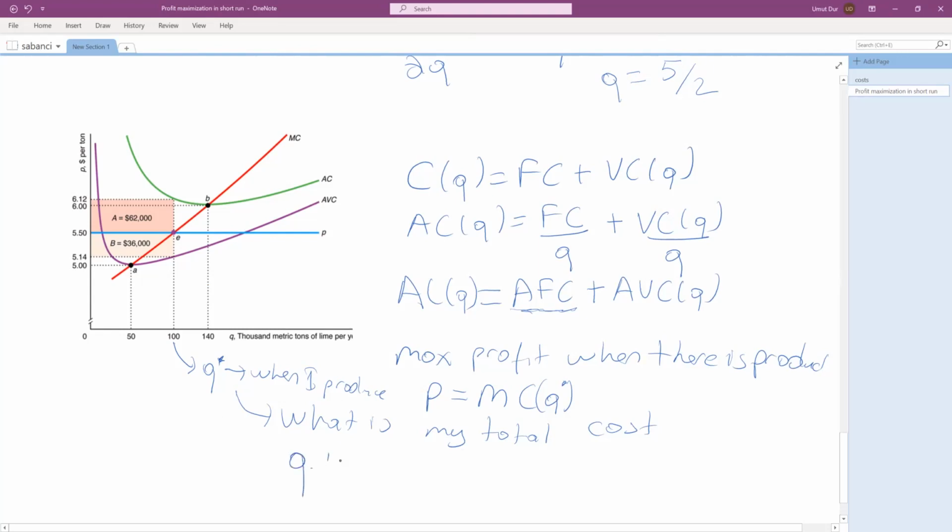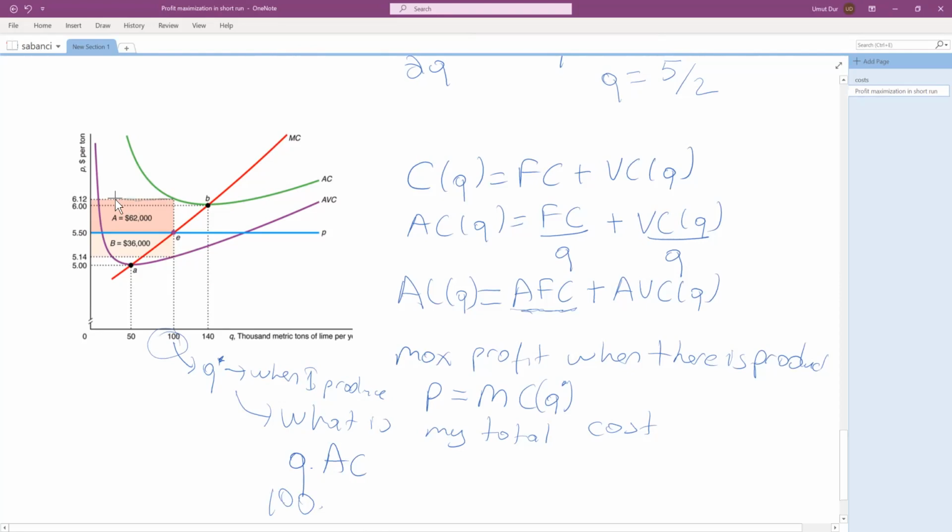Q times average cost, right? So I'm calculating Q as 100. What is the average cost when we have the production of 100?